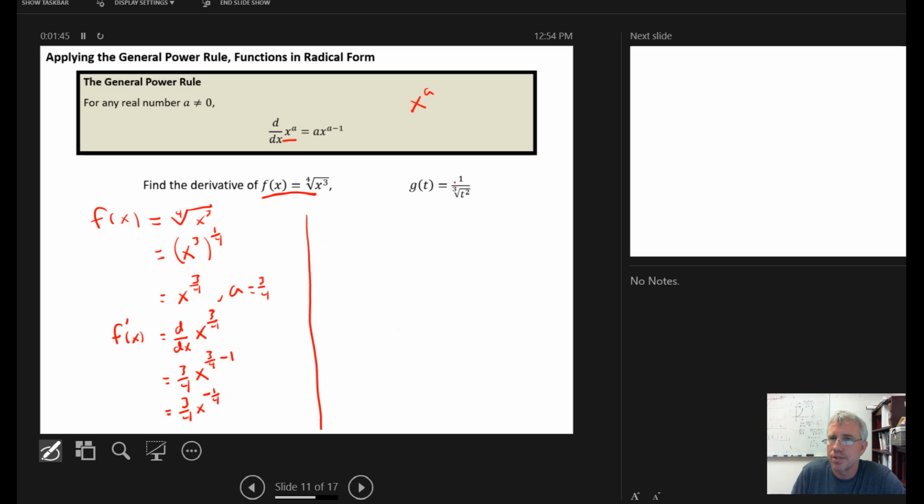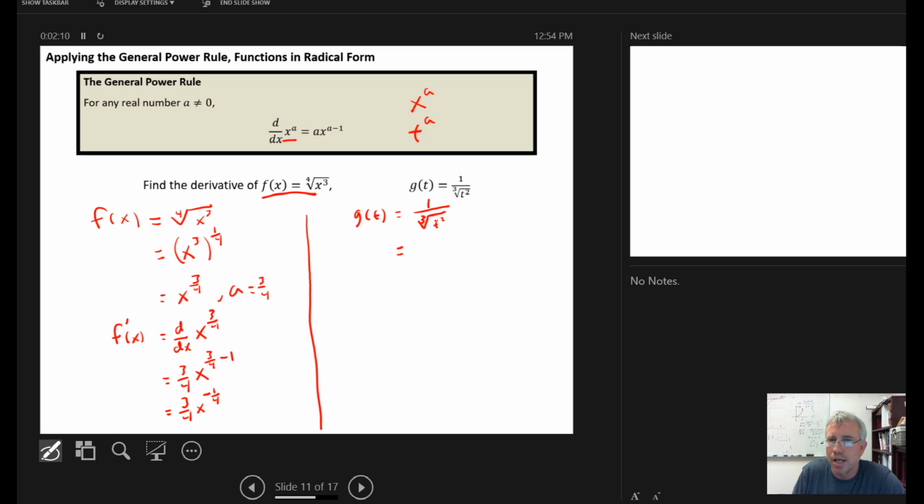So for a second example here, we want to find the derivative of g of t. So we need to get a function that has the form t to the a in order to apply the general power rule. I don't have that form yet, so I want to take my g of t. It's 1 over the cube root of t squared.